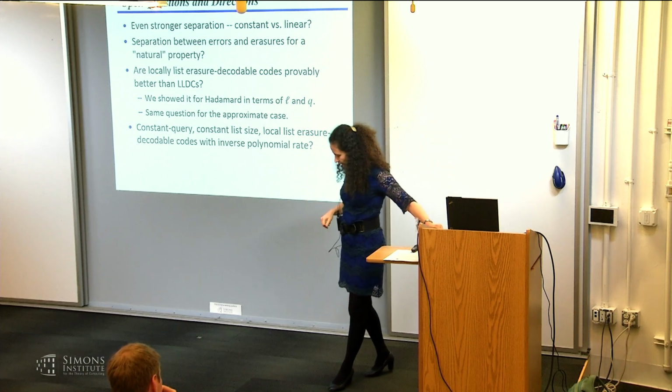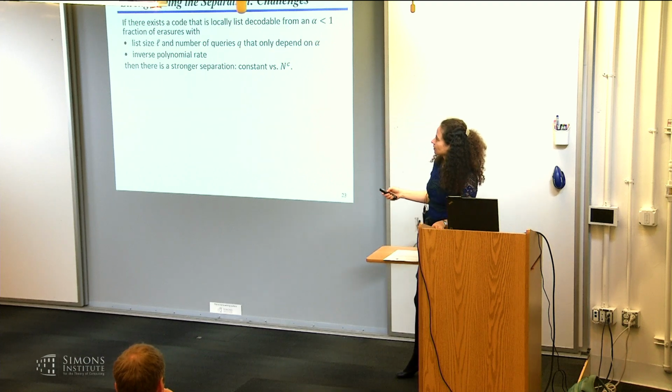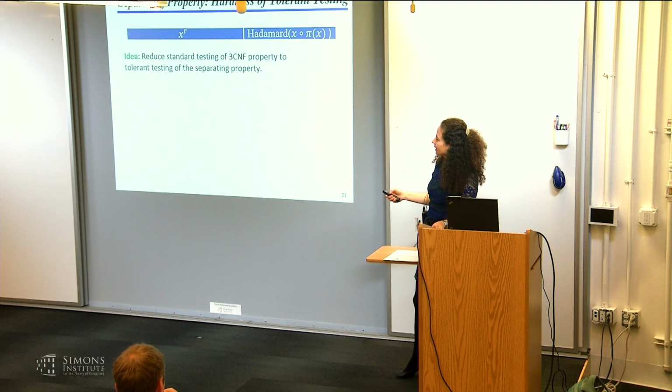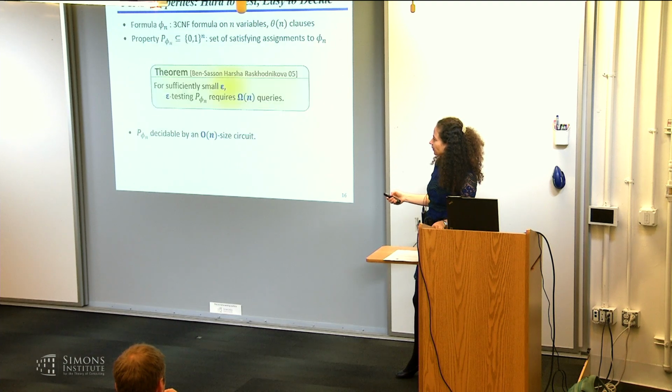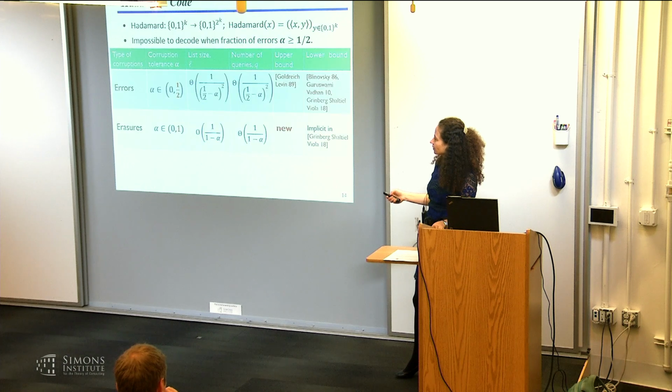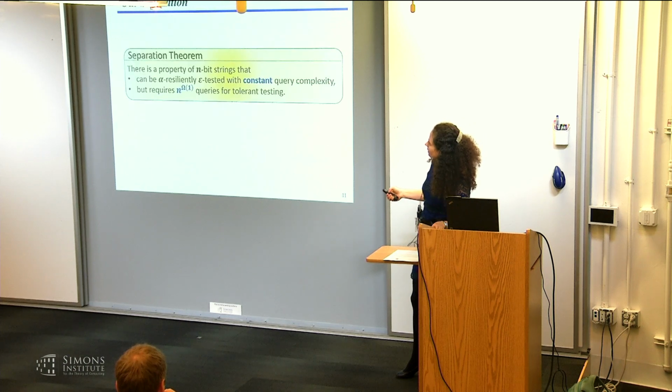If we go back to the definition of erasure-resilient testing, the way I defined it on the slides is actually different from the way we define it in the paper. It doesn't matter for functions, but it matters for graphs. Let me get back there. Sorry for clicking through this.